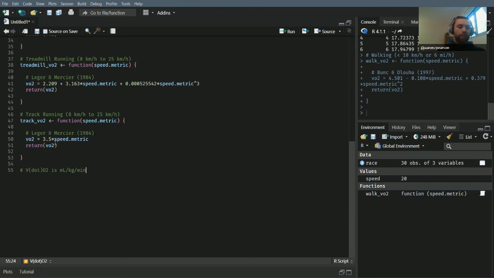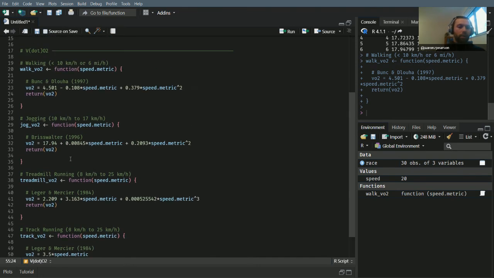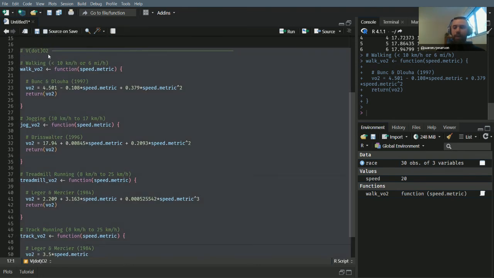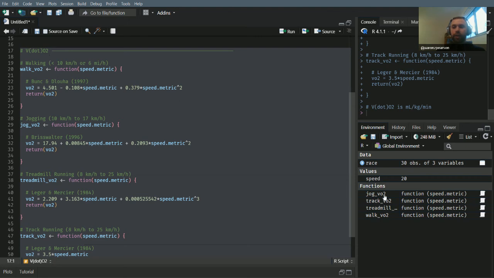And so we see 3.5, that's a rough estimate of our MET, which is our metabolic equivalent, an approximation of how many calories we burn per minute just while at rest. So here what we'll do is we'll just go from here all the way up to here and just hit Control Enter, and now we have our functions that are built in right there.